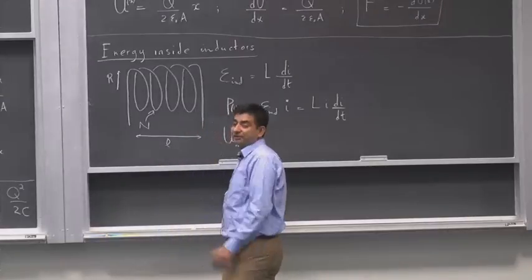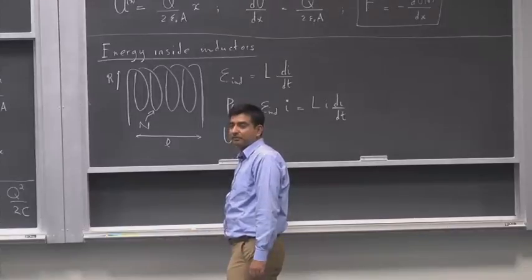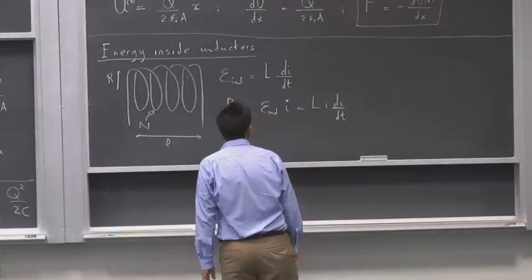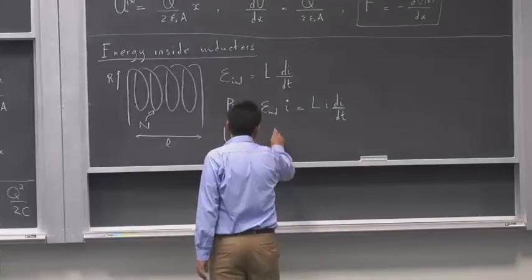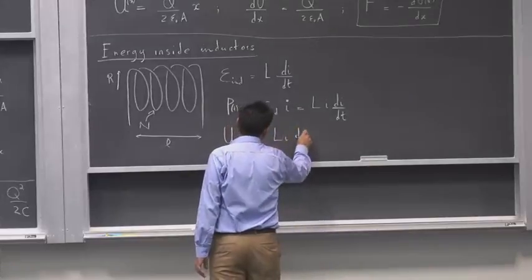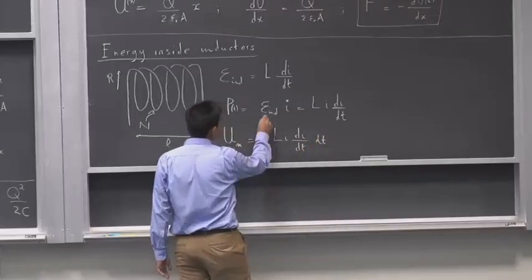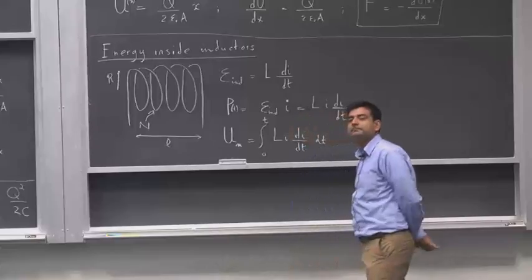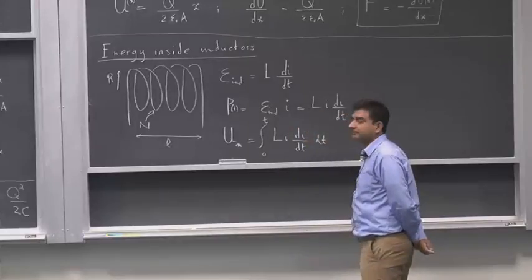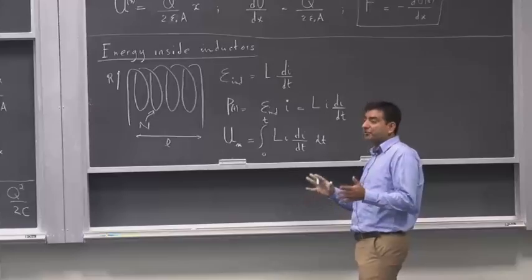Some energy has gone into this inductor. That energy is given by this power, Li di/dt, times dt, integrated from 0 to some other time t. This is the total energy that goes into this inductor.